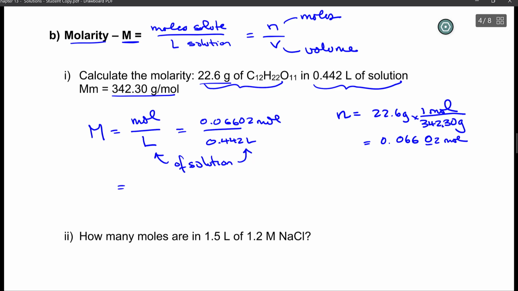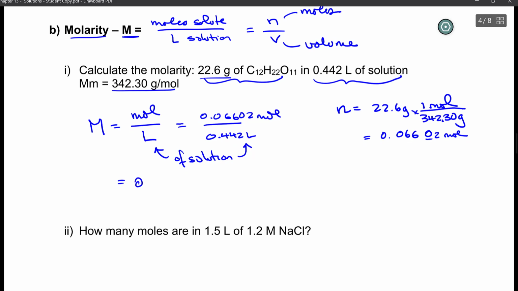And so my molarity comes out to be 0.1493 moles per liter. So that would round to 3 sig figs, 0.149 M. And so that's the answer for that.